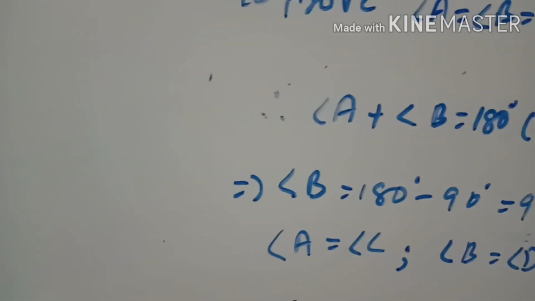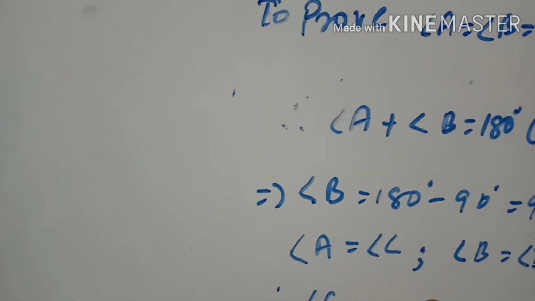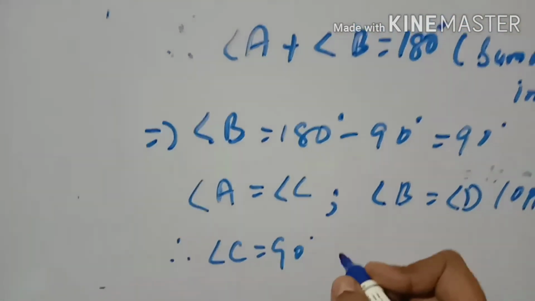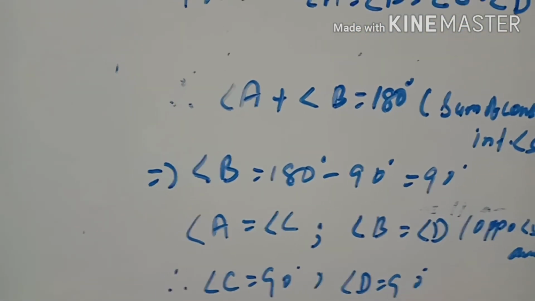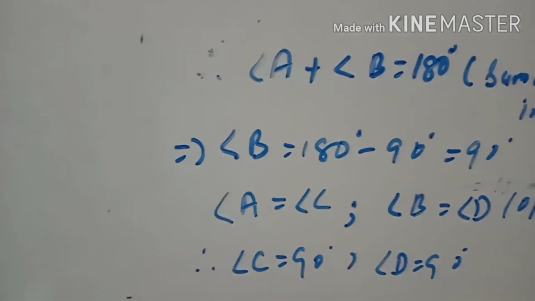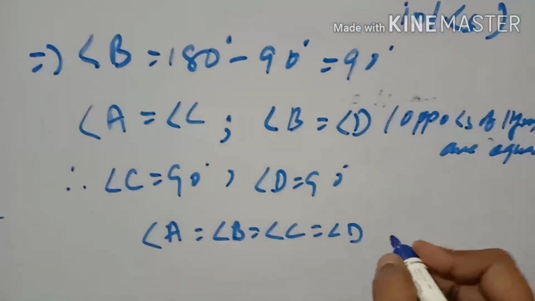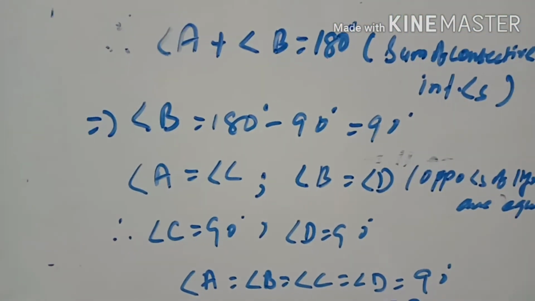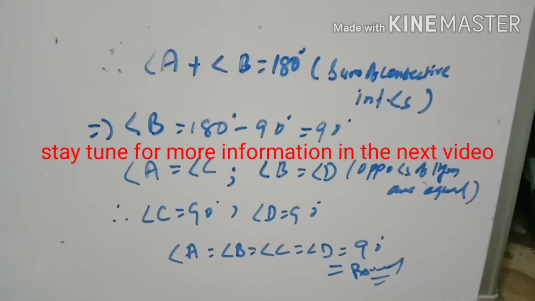Write down please. Therefore, angle C equals 90 degrees and angle D also equals 90 degrees. Therefore, I can write angle A equals angle B equals angle C equals angle D equals 90 degrees. This is proved. Okay, write down. I hope you understand.